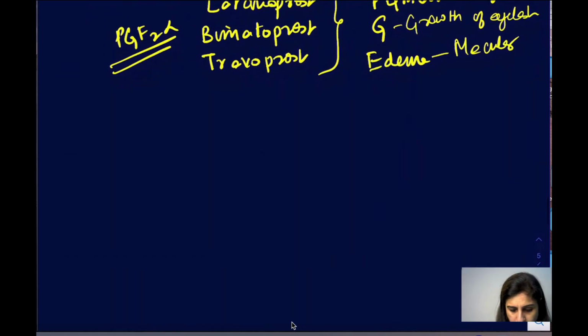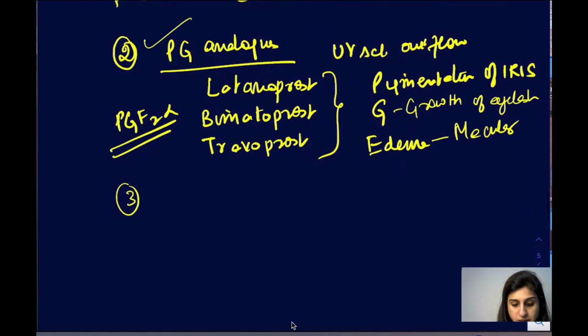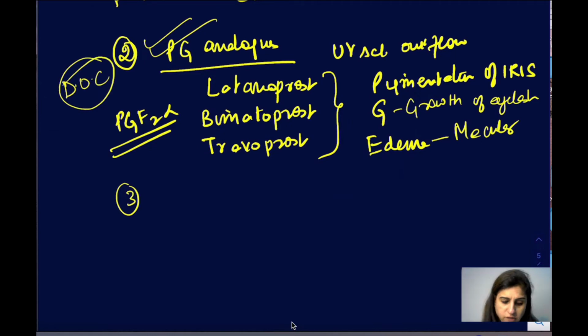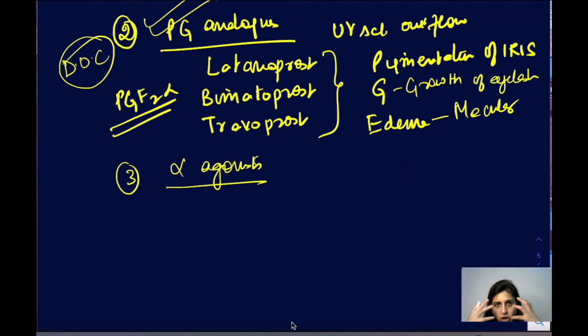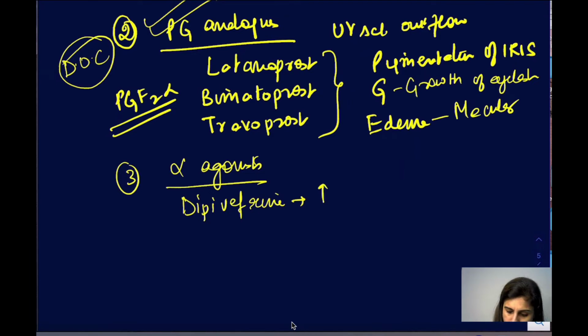The third group of drugs we have, and remember these prostaglandin analogues are currently the first drug of choice for open angle glaucoma, is the alpha agonists, or adrenergic agonists. Adrenaline as such cannot penetrate very efficiently, it's a poor penetrator in the cornea, so you give a prodrug called dipivefrin. Dipivefrin also increases the outflow through the uveoscleral pathway.